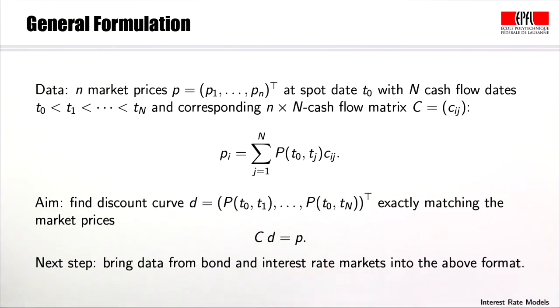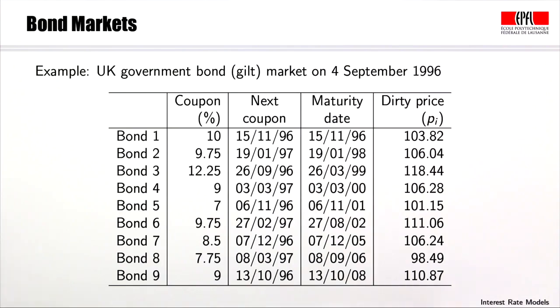The next step is now to bring the data into this form. While this is pretty straightforward if the market data are prices of coupon-bearing bonds, this is less so in the case where market data is LIBOR, forward rates, and swap rates. Let's start with coupon bond market data.